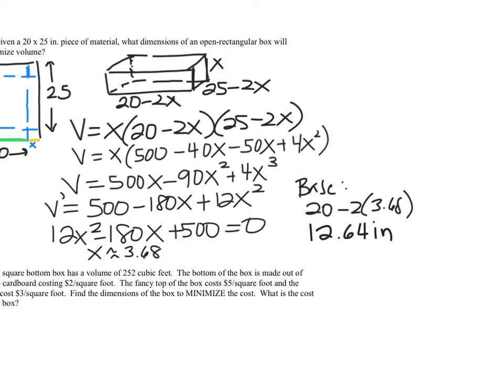And then the height is x, so 3.68 inches. And then the length is 25 minus 2 times 3.68, which is 17.64.